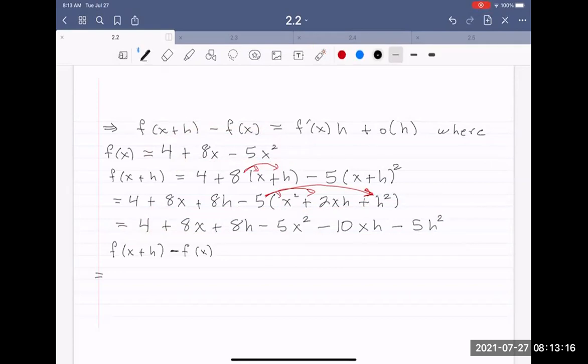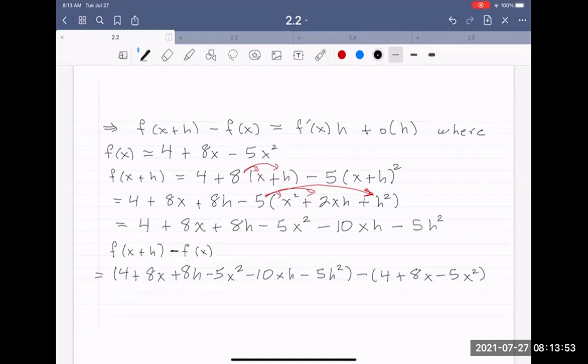So 4 plus 8x plus 8h minus 5x squared minus 10xh minus 5h squared minus f of x, which is 4 plus 8x minus 5x squared.